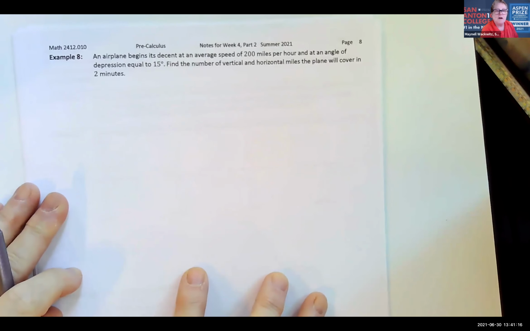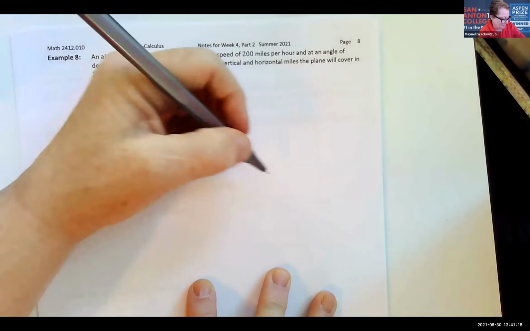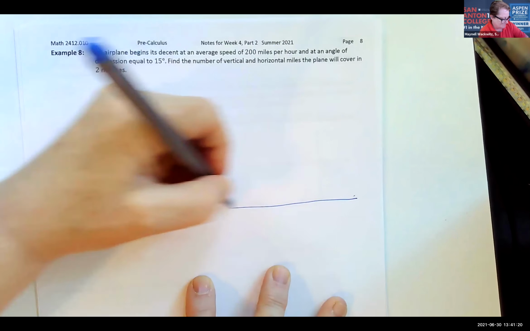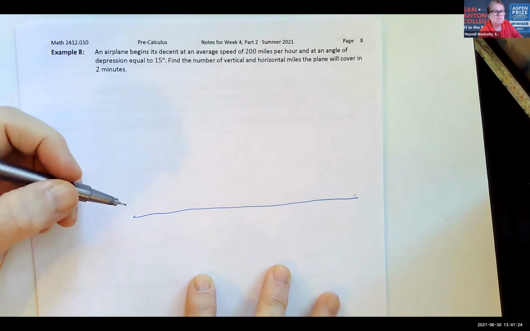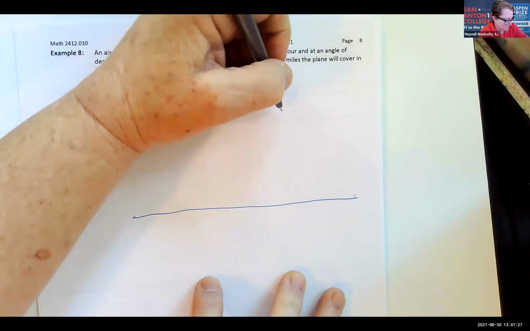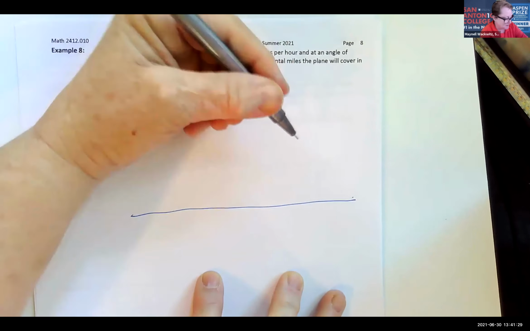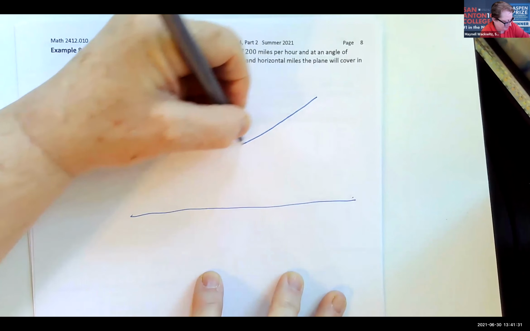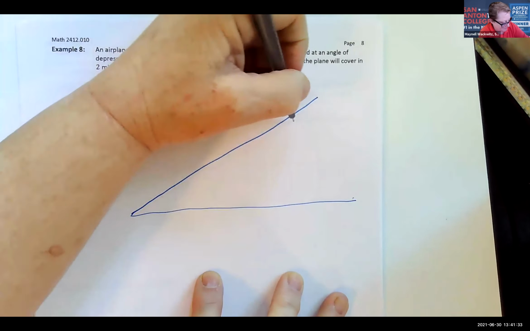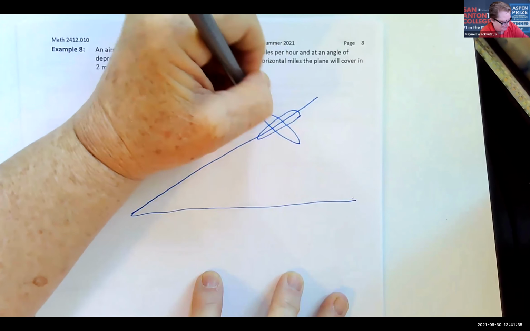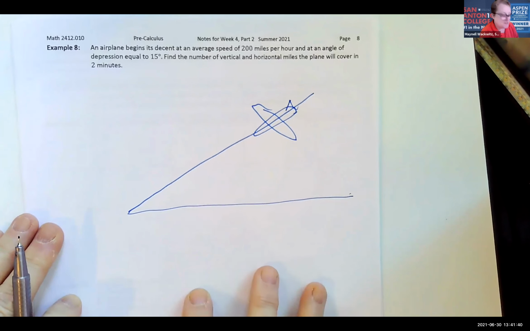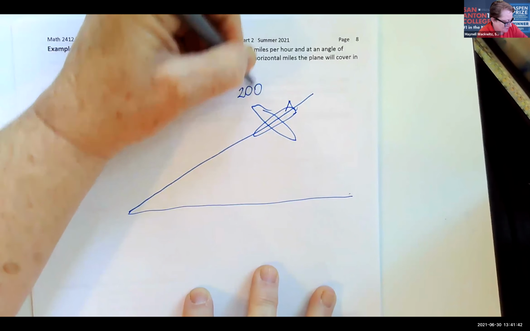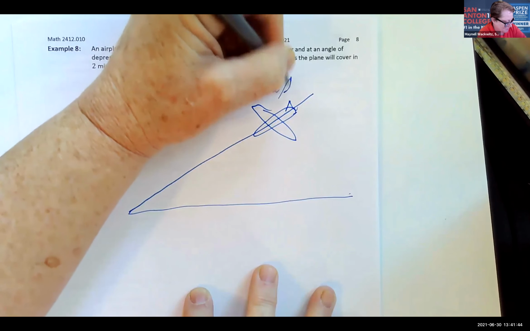Well, this one is kind of fun. We've got an airplane flying. All right, so it's descending, and it's going 200 miles per hour.